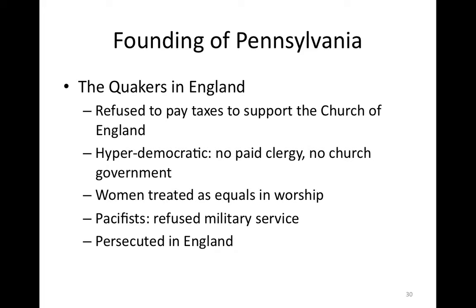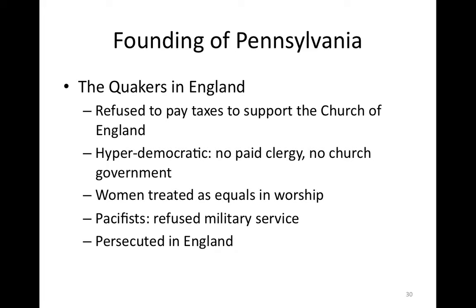The Quakers stood out because they had some practices and values that were very radically different from those who adhered to the Church of England. For example, the Quakers believed that they could not, in good conscience, pay taxes to support the Church of England. So they refused. They would go to jail instead of doing it.